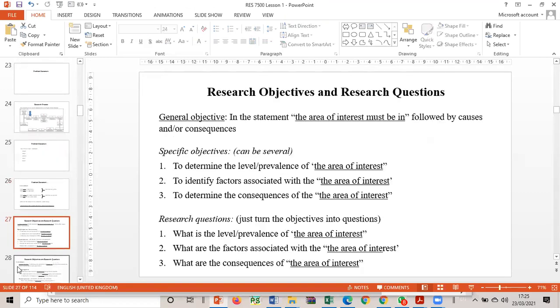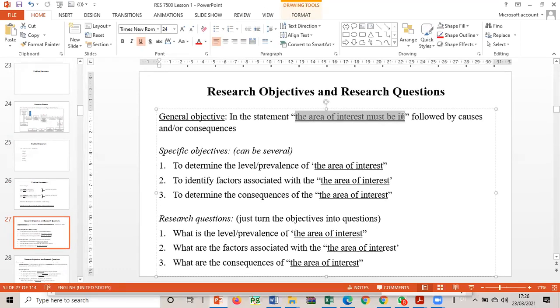Research objectives: the general objective, the area of interest must be in, followed by causes and consequences. In our case, determine the prevalence of the area of interest, the factors associated, and the consequences.